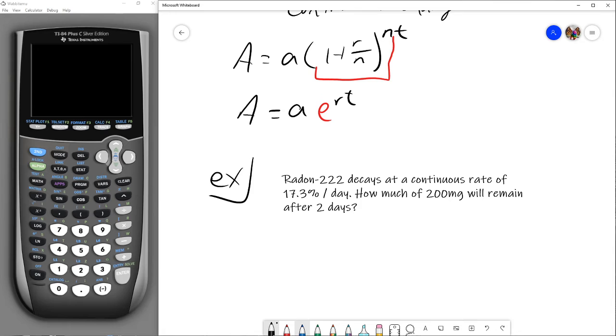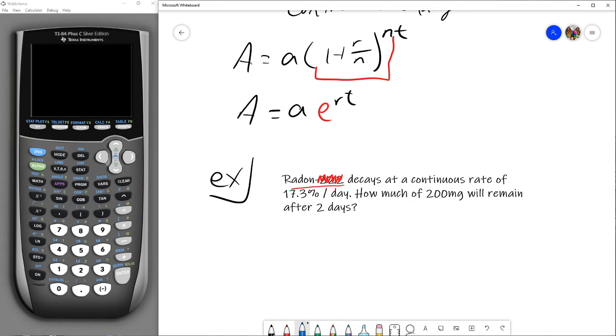So let's figure out the information. Keep in mind, this term radon hyphen 222 just tells you the particular isotope of radon. This 222 has nothing to do with math formulas or computations. We just ignore it. This radon stuff decays at a continuous rate of 17.3% per day.